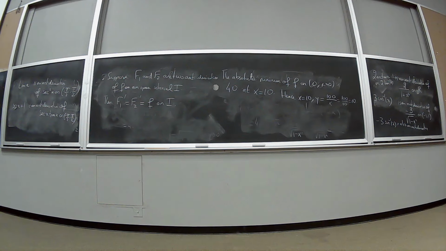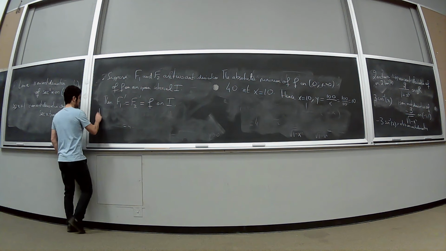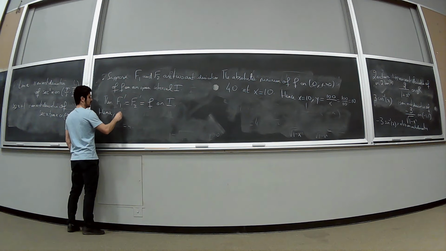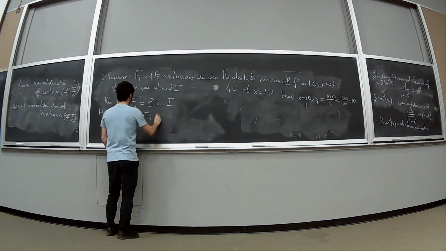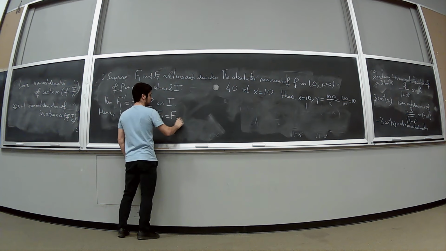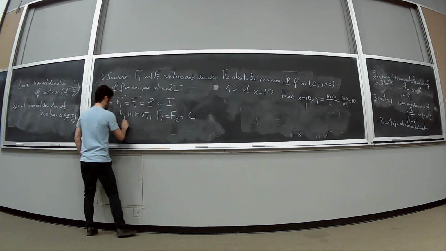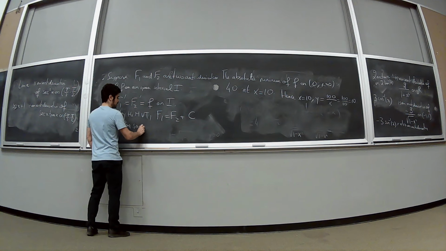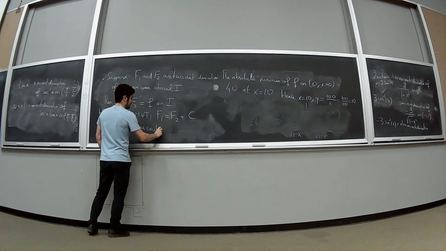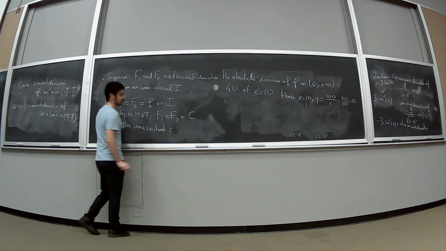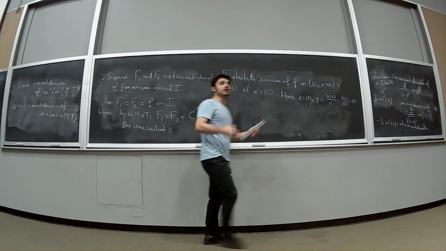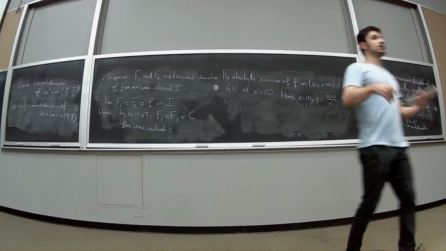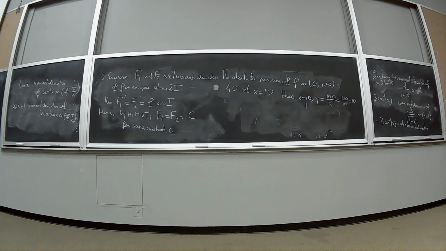Let us remember, what did the mean value theorem tell us? It said that, hence, by the MVT, or by a consequence of the MVT, f1 is equal to f2 plus c for some constant c. You agree or not? You remember this? When we proved two functions are equal on an open interval, we differentiated them, right?